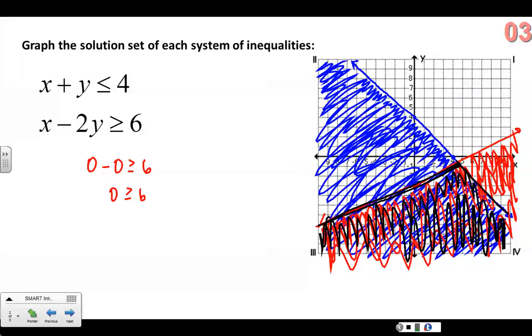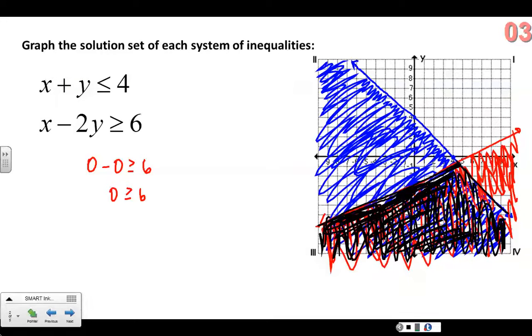So this is the region we're talking about. All of the points in here that I'm shading in black, including the boundary lines, would satisfy the system of equations.